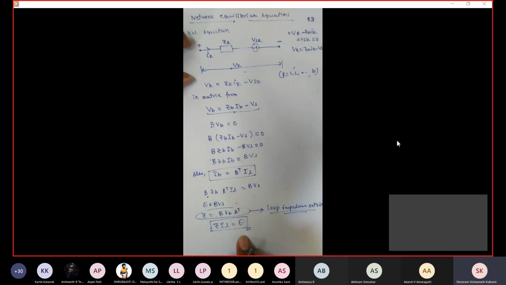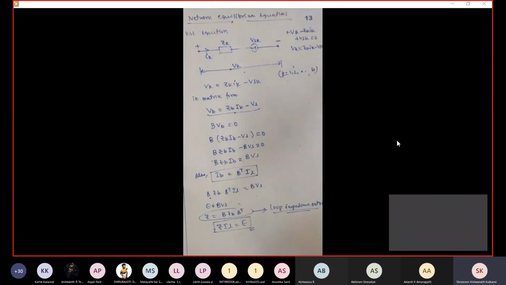Now I am going to take another circuit where a current source will be in parallel with this circuit. Let's see that one.